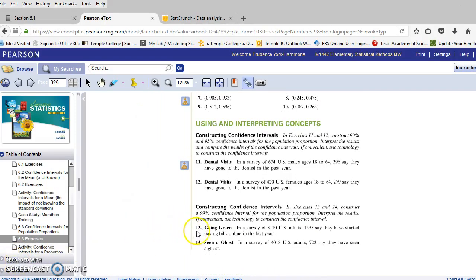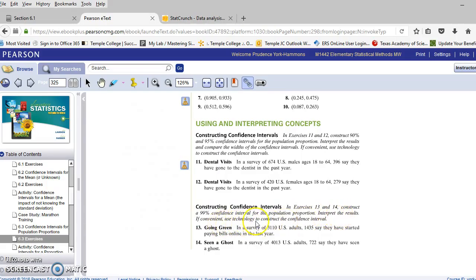I'd like for us to look at number 13, going green. In a survey of 3,110 U.S. adults, 1,435 say they have started paying bills online in the last year. We're supposed to construct a 99% confidence interval for the population proportion and interpret the results.